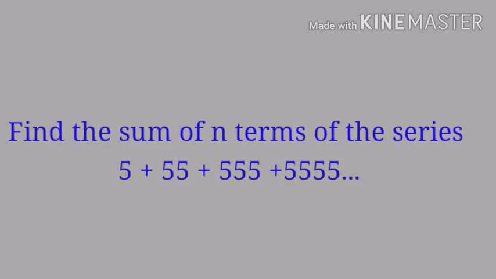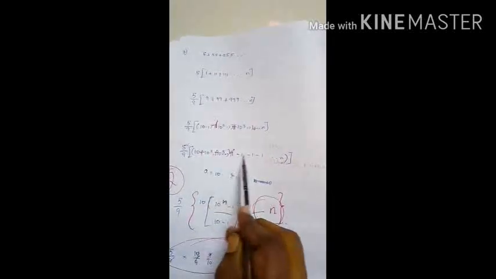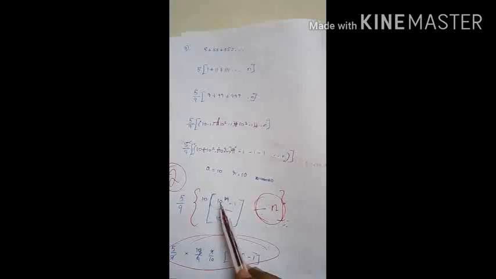The next problem here is: find the sum of n terms of the series 5 plus 55 plus 555 and so on. This is a very important problem. Here the student has made a mistake while writing 10 plus 10 squared plus so on, and again while summing up, minus 1 we have to write as minus n.